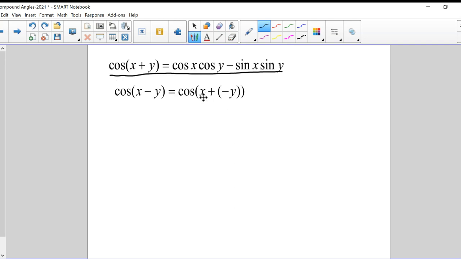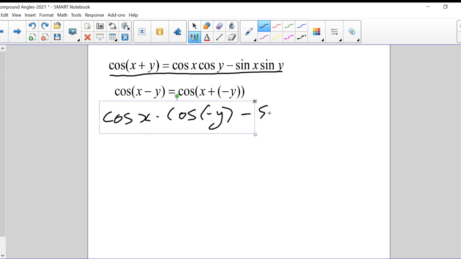So instead of saying minus y, I'm saying plus minus y. It's the same thing. So I'm going to follow what this says up here. That's going to be the cos of x dot the cos of minus y minus the sine of x dot the sine of minus y. Just following what the formula says.